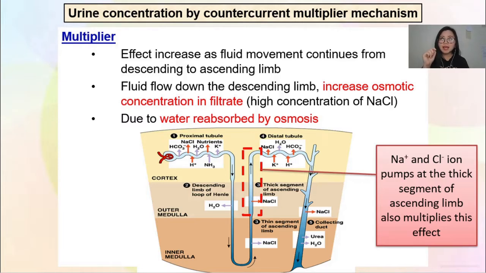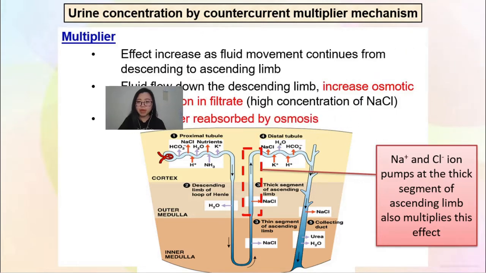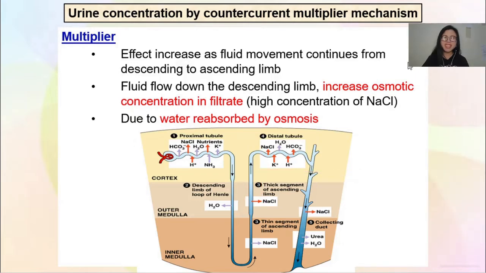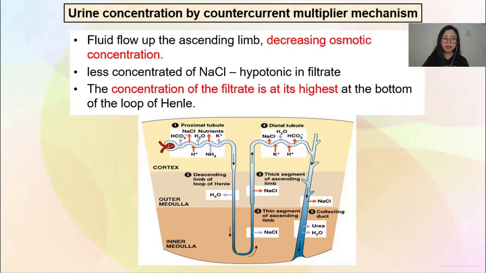Untuk silibus kita sekarang, kita tidak fokus kepada Na dengan Cl punya pump. Kita fokus kepada effect increase as fluid movement continues. So, this is our main explanation for the term multiplier. Tapi tidak salah kalau kamu jumpa point tu di tempat lain.